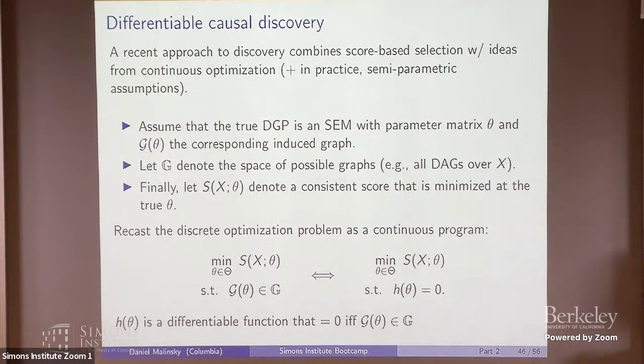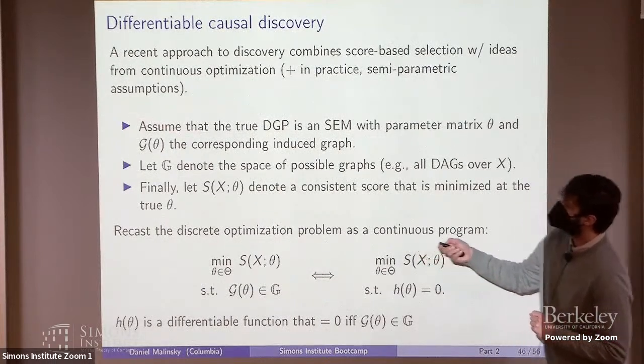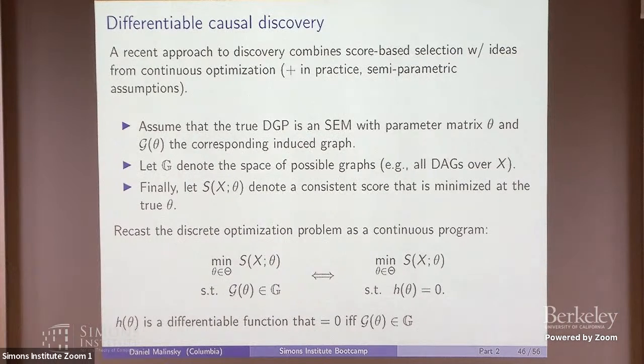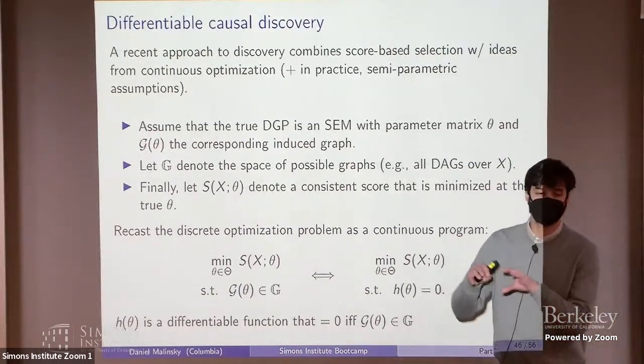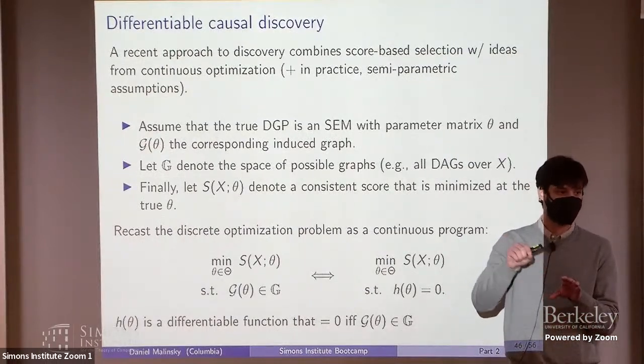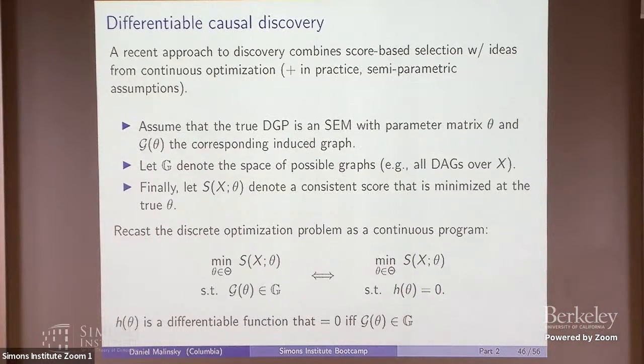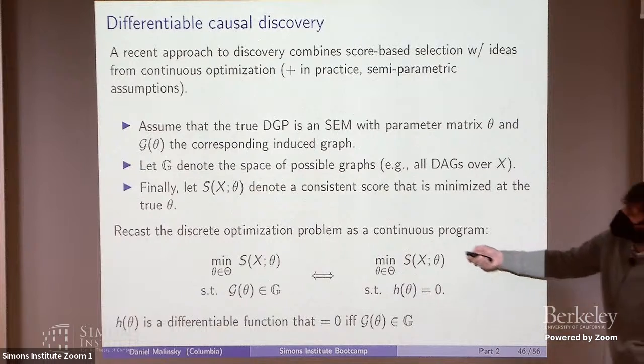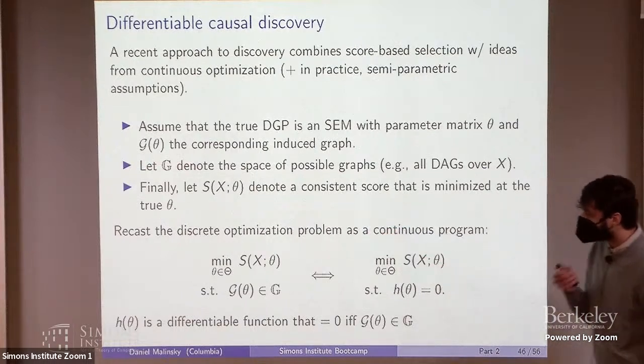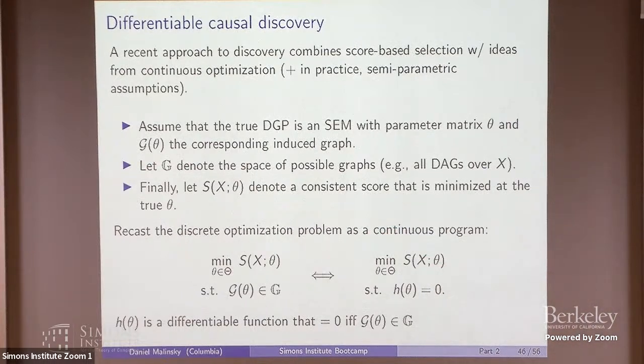For example, say you assume that the true data generating process is some sort of structural equation model, like a linear structural equation model or whatever it might be, with some set of parameters theta. Let G of theta denote the corresponding graph that basically counts the non-zero entries in your parameter matrix, and use boldface G to denote a space of possible graphs that you might want to search over.